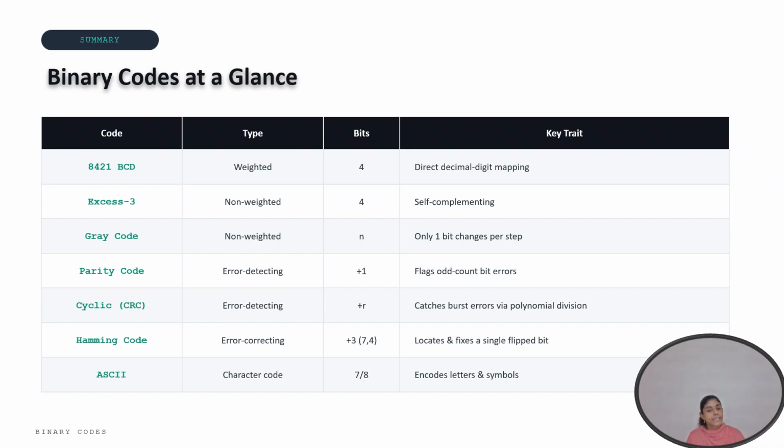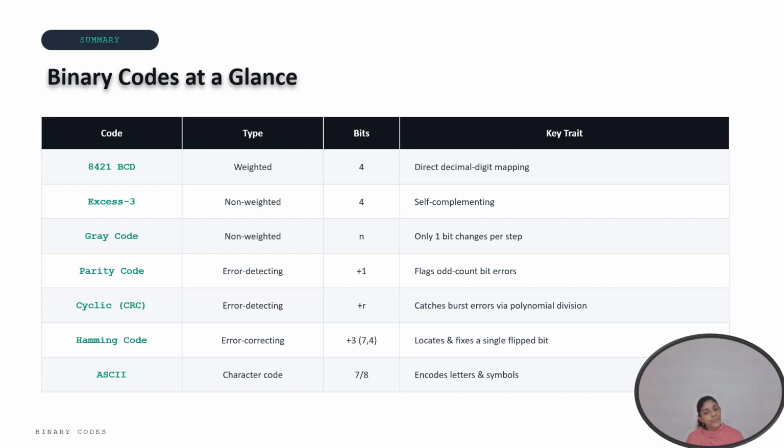Next, the XS3 and gray code are both non-weighted codes. XS3 also has 4 bits, because that also follows the 8421 code. But each decimal digit is getting exceeded by 3. That's it. What is the advantage there? It is self-complementing.